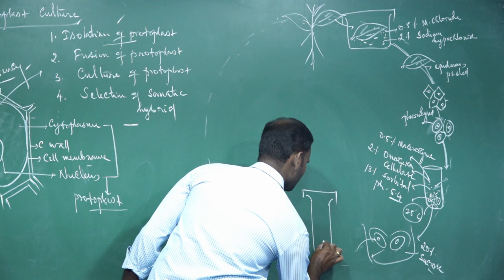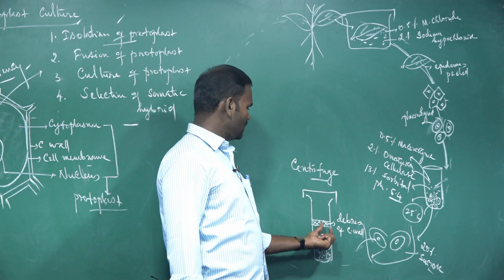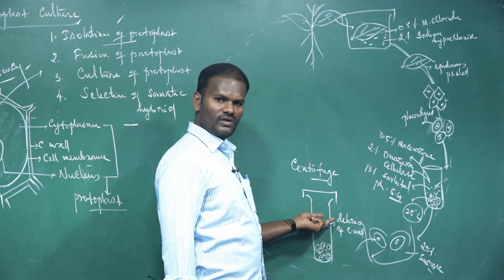To get purification of protoplast, it should be subjected to centrifugation. If you centrifuge the protoplasts, the pure protoplasts settle down while the debris of cell walls floats. So the pure protoplast is isolated.